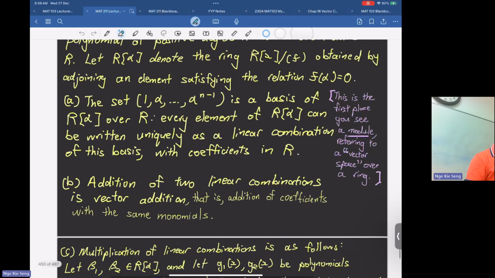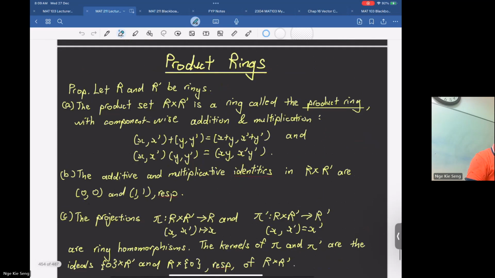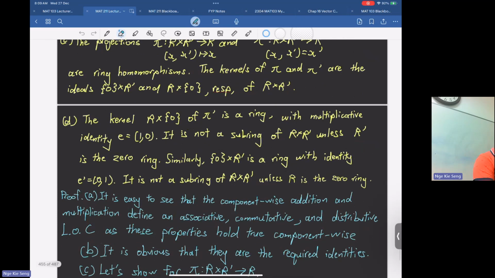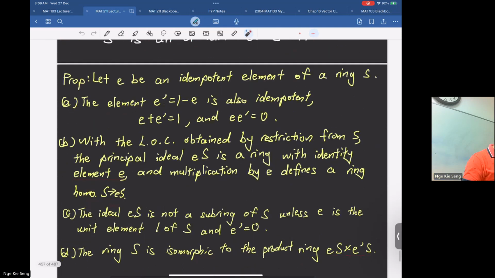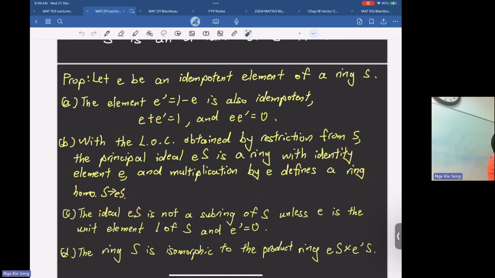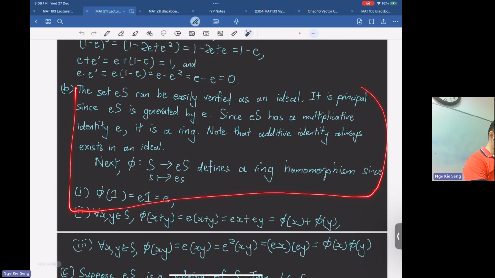Here, with the operation obtained by restriction from X, the principal ideal EX is a ring with identity E. Again, the idempotent is the identity element. And I provide the proof here. You can check.